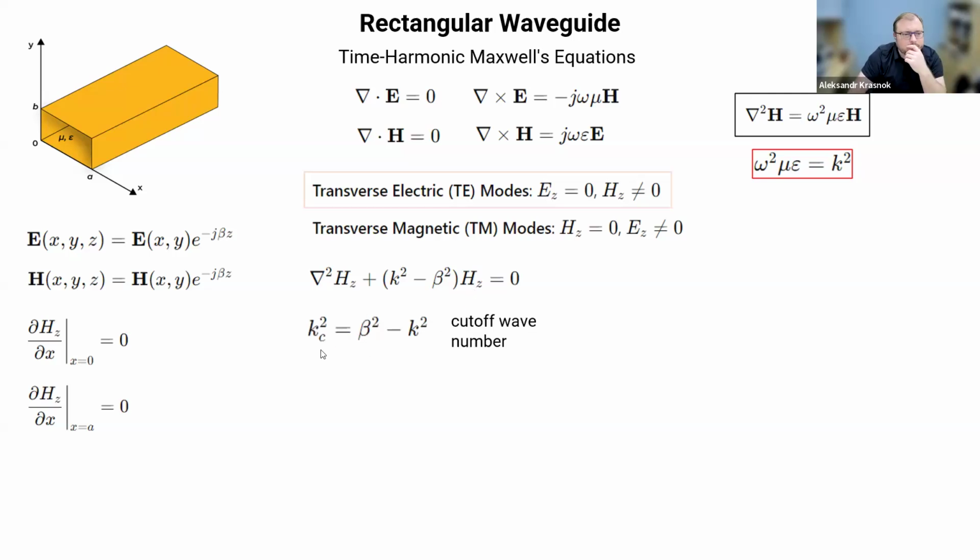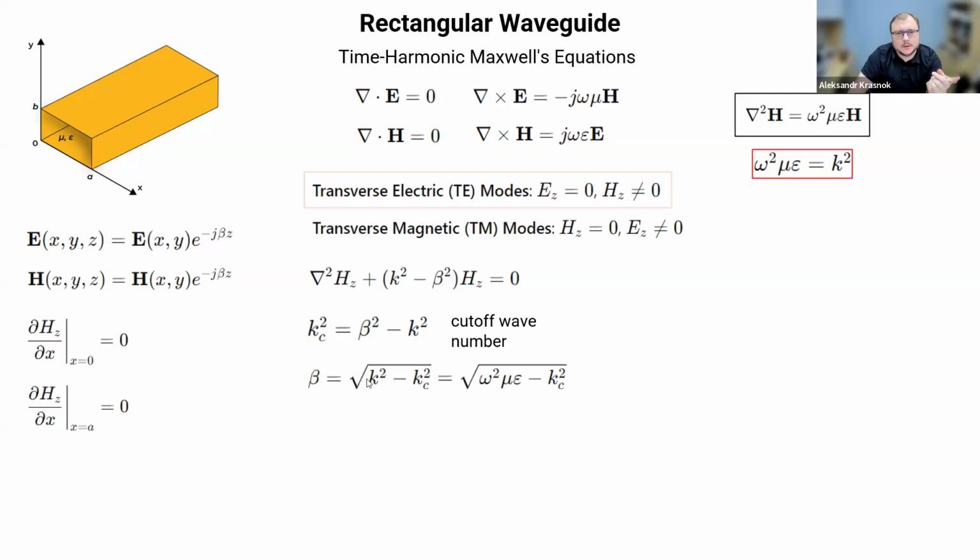We can introduce this notation kc, which is the cutoff wave number. Why is it so important? It's important because from this notation I can derive beta, which is equal to the square root of k square minus kc square.